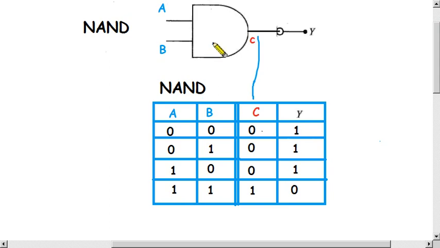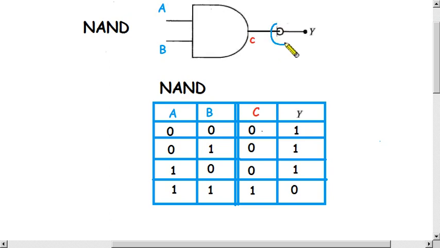So that just behaves as an AND gate, this one. So we get the truth table of an AND gate: 0 0 0, 0 1 0, 1 0 0, 1 1 1. So that is clear.